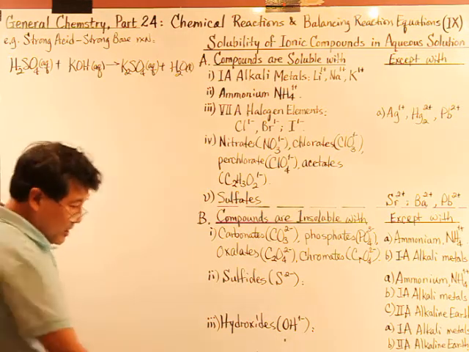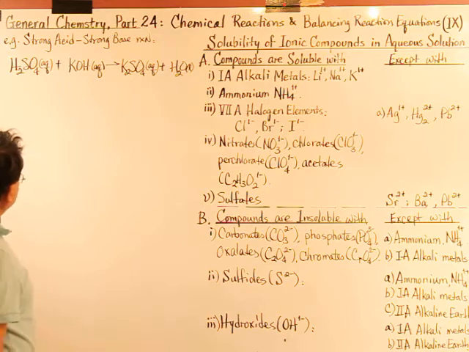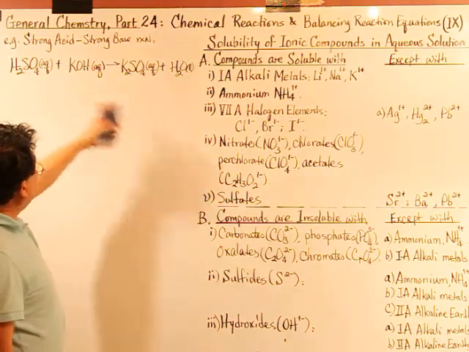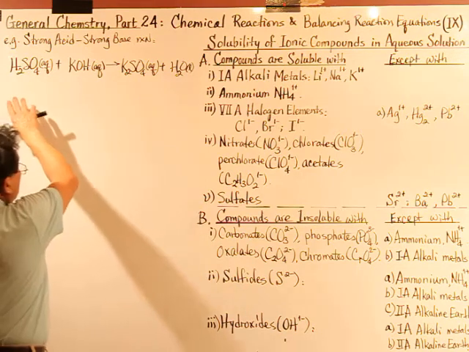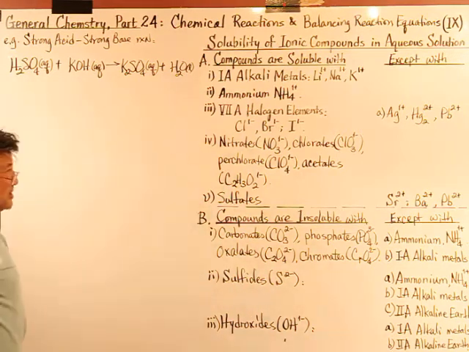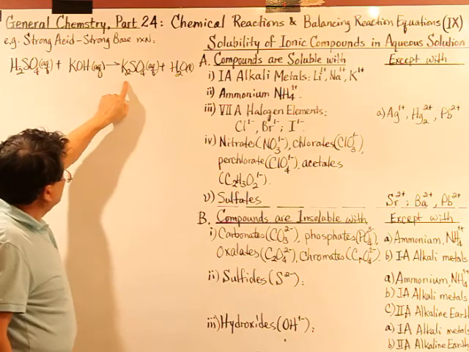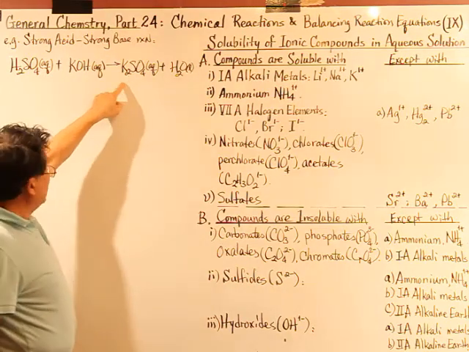Is that clear? But when we talk about the total number of atoms, this chemical reaction equation doesn't seem to be mass balanced. Why? Because we have 1 potassium here, we got 2 potassium there. So we have to what?